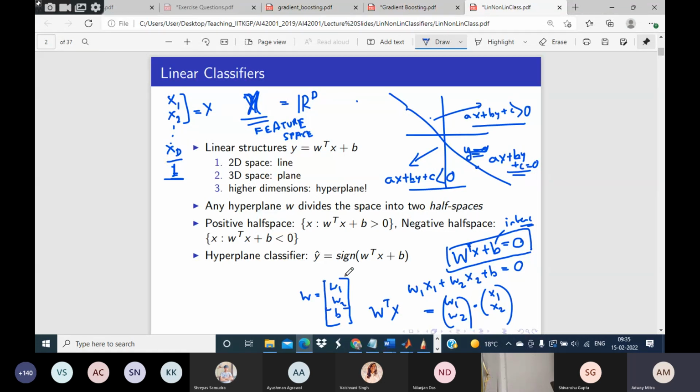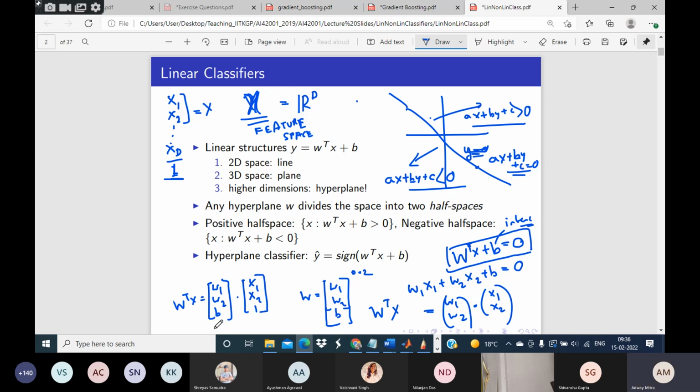In the special case that d is equal to 2, your W transpose X now becomes W1, W2, B dot X1, X2, 1.